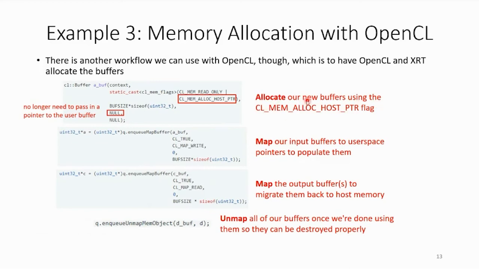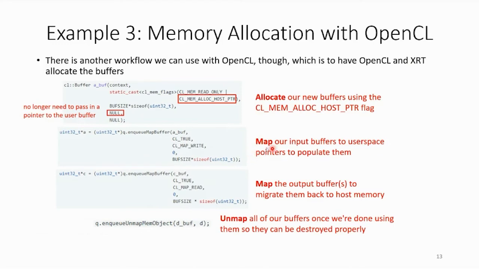Example 2 is the existing buffer, and we pass the pointer to OpenCL. But here OpenCL creates a new buffer itself, so we no longer need to pass a pointer to OpenCL.